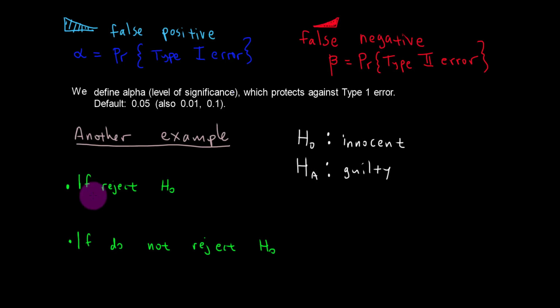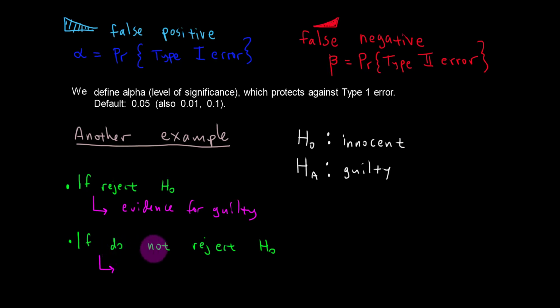Let's consider the conclusions for this scenario when we reject or we do not reject the null hypothesis and the potential errors. If the data demonstrates beyond a reasonable doubt that we should reject the null hypothesis, then there is evidence that the defendant is guilty.